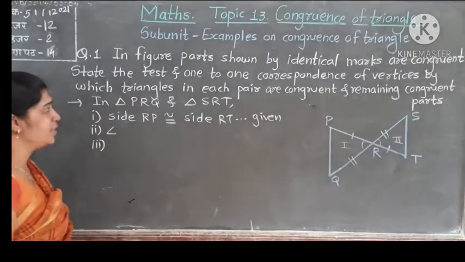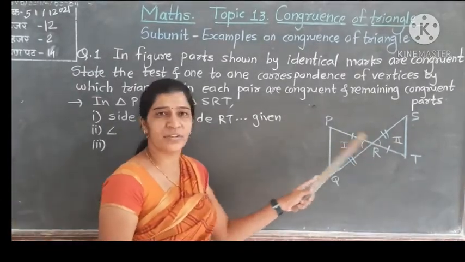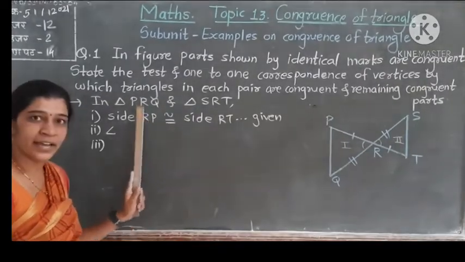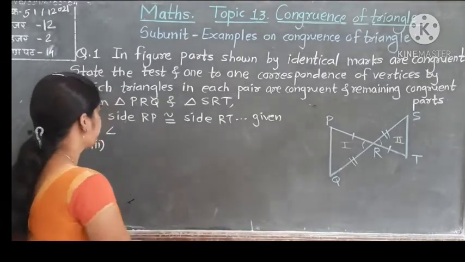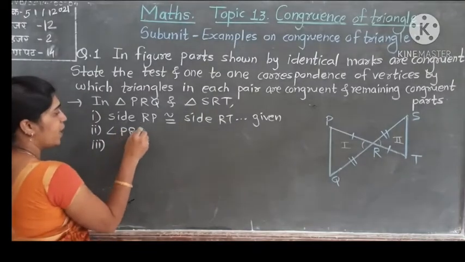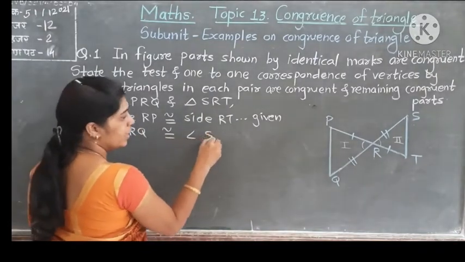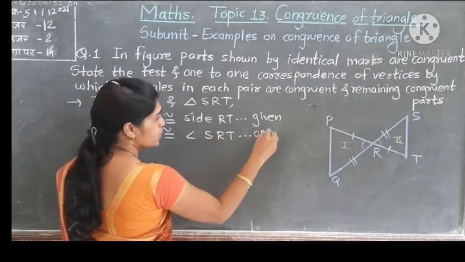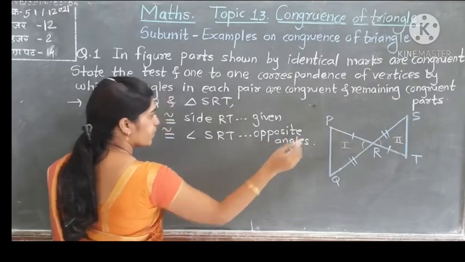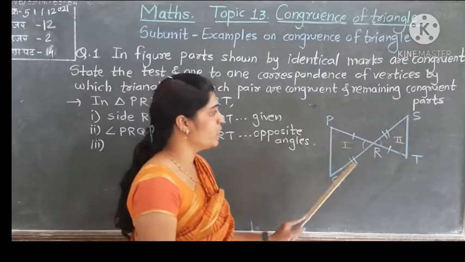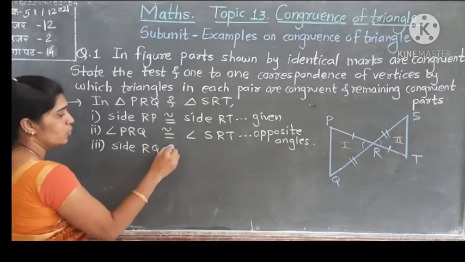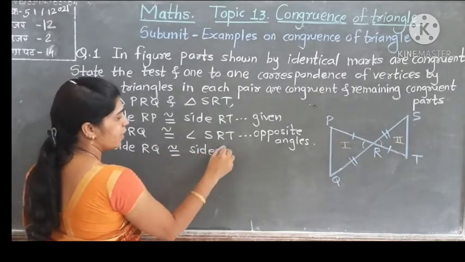Then angle PRQ, written from triangle PRQ, we should check the side and angle of the same triangle. Then the opposite angles: angle PRQ congruent angle SRT because opposite angles. And last one, side RQ is congruent with side RS.